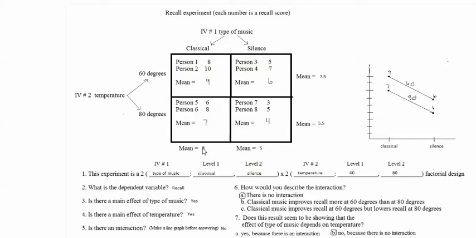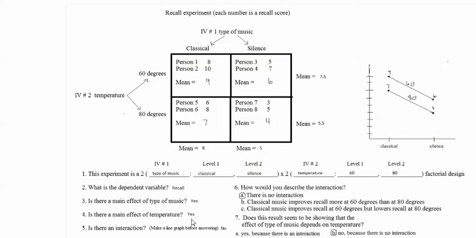If the mean of the classical condition and the mean of the silence condition are not the same, then there is a main effect of type of music. And we can see that 8 and 5 are different. They're not the same number. So yes, there was a main effect of type of music. Classical music did do better than silence.